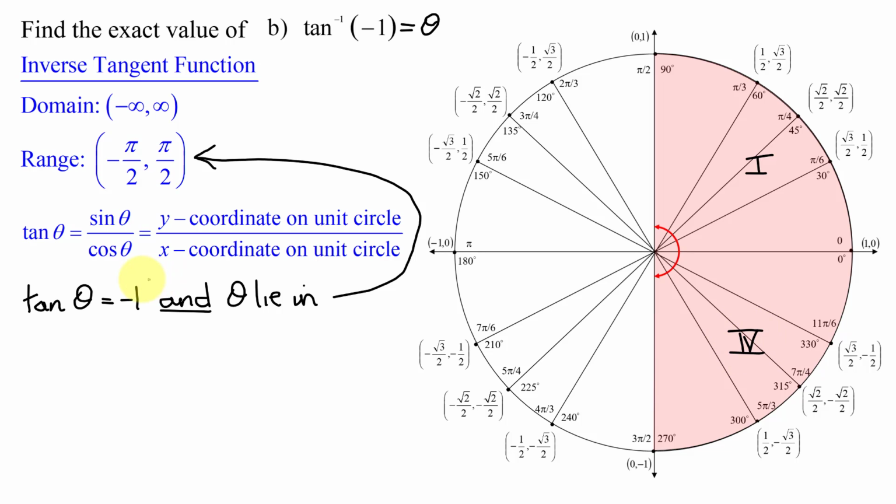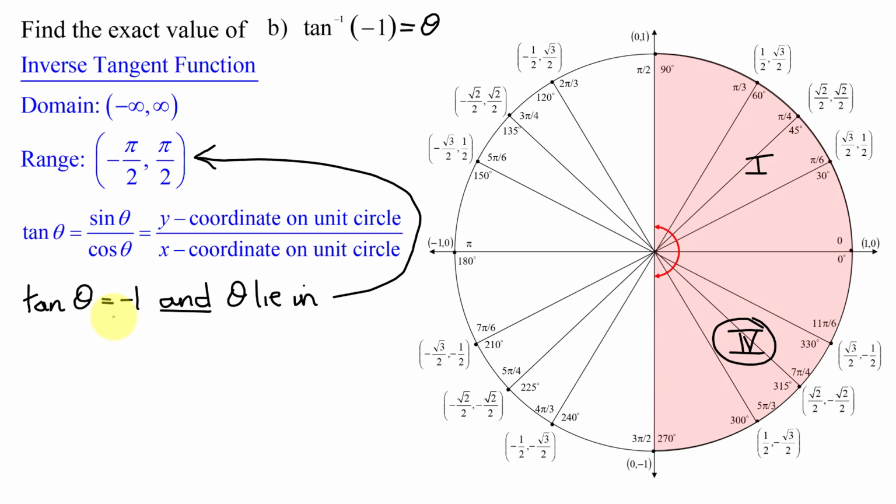As the tangent of theta equals a negative number, it means the x and the y coordinates have to be opposite in sign. That is definitely not true in quadrant 1, but it is true in quadrant 4. So my angle has to lie in quadrant 4.